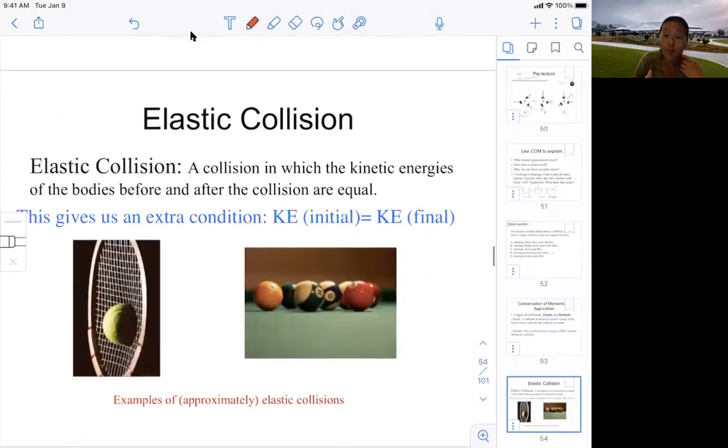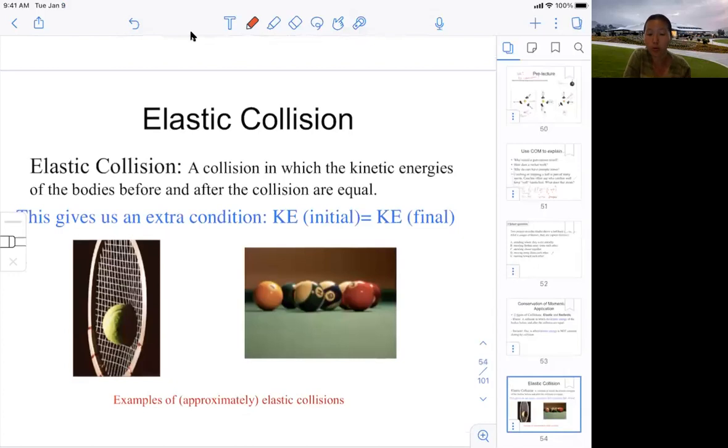So let's look at examples of an elastic collision. We never really have perfect elastic collisions in real life, but a good enough approximation is a tennis ball hitting the racket. Whatever speed the ball is moving, it bounces back with the same speed, so it's still the same kinetic energy.